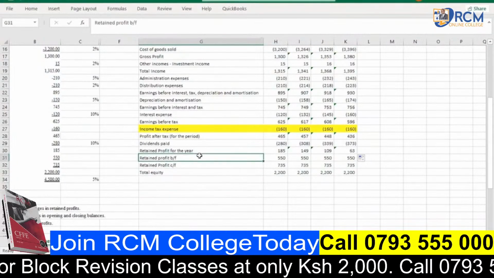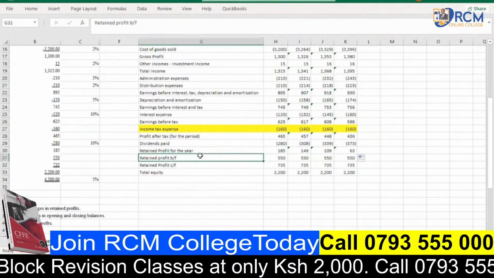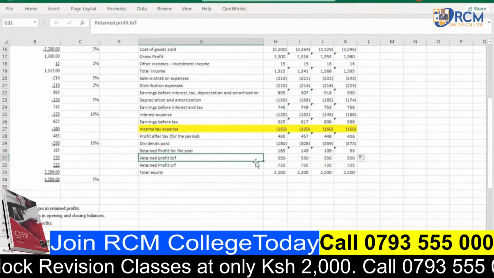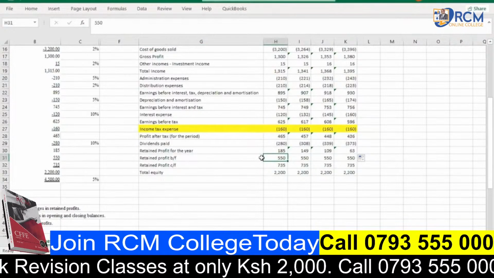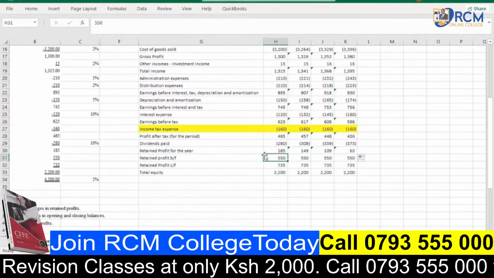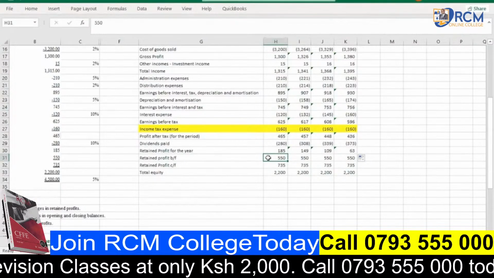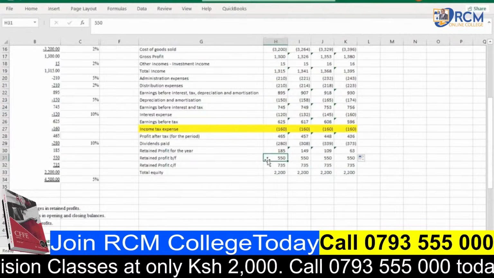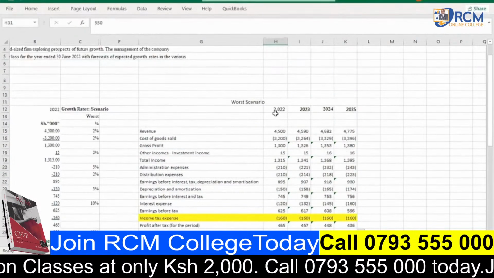So for 2022, we have retained profit brought down. This retained profit brought down is what was received or what is transferred from 2021.